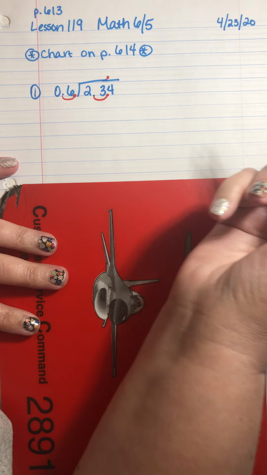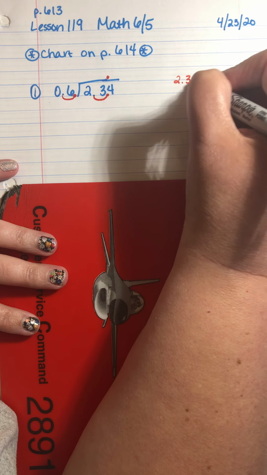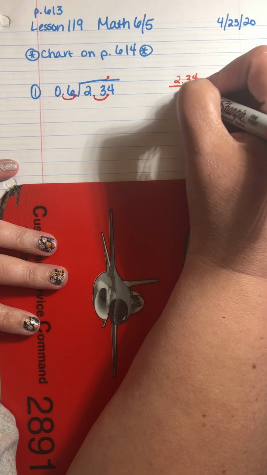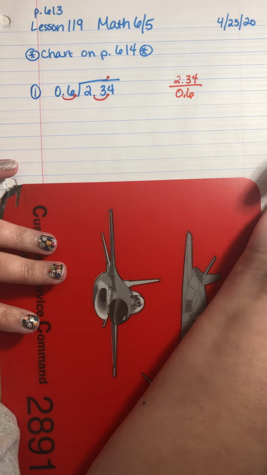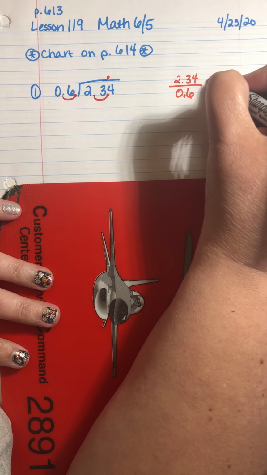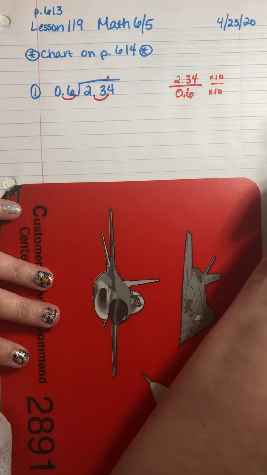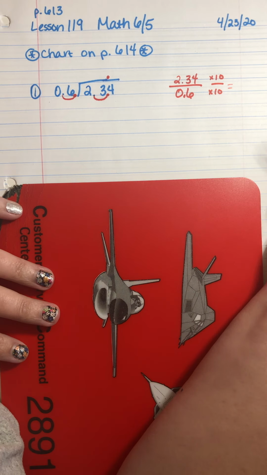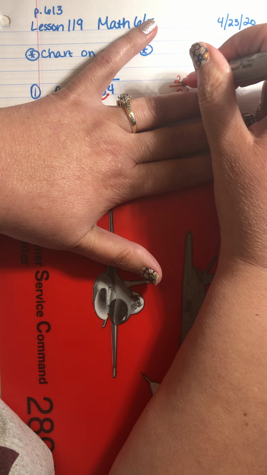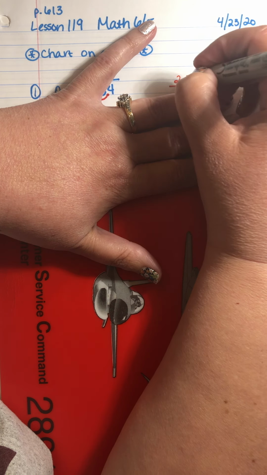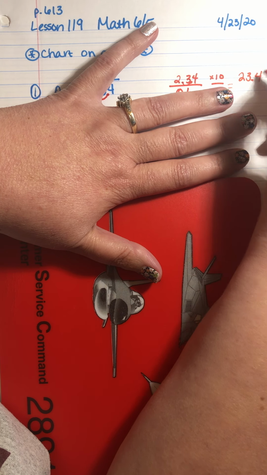Our original number was 2.34, or 2 34/100, divided by 6/10. If we were to multiply both of those by 10, remember 10 over 10 is equal to 1. If we look at the top, 2.34 multiplied by 10, we move it one place and it would become 23 4/10.